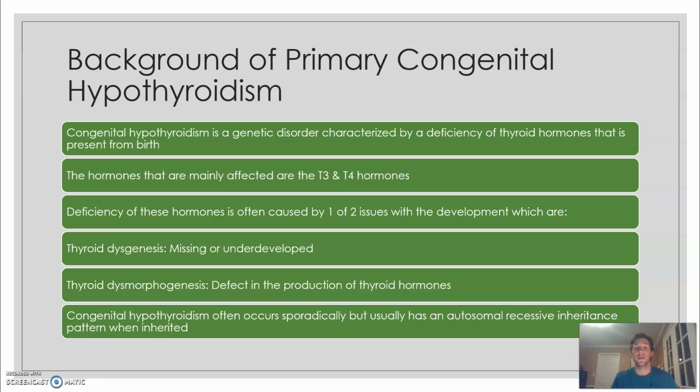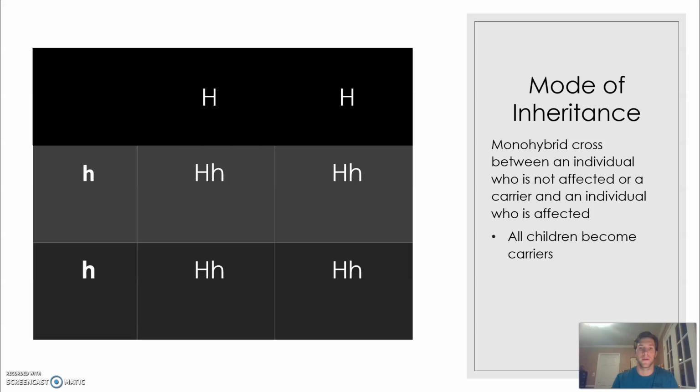The other cause of hypothyroidism is thyroid dysmorphogenesis, which is a defect in the production of these hormones. It often occurs sporadically as far as mutations go, but when we're talking about genetics and how it's passed down, it is passed down in an autosomal recessive inheritance pattern.